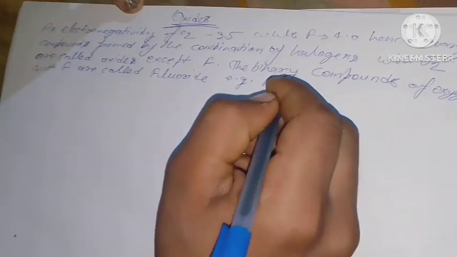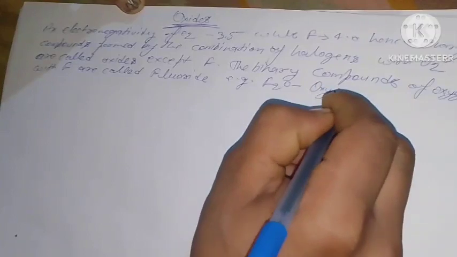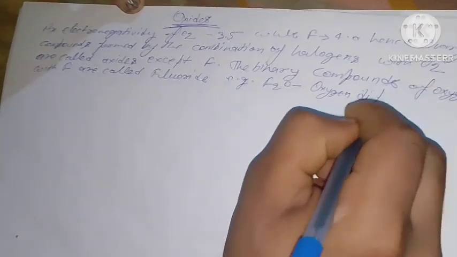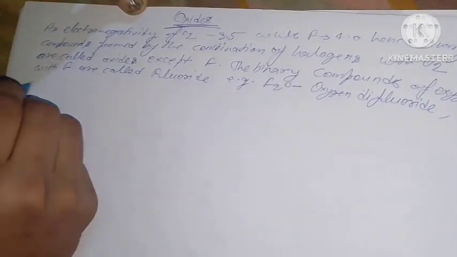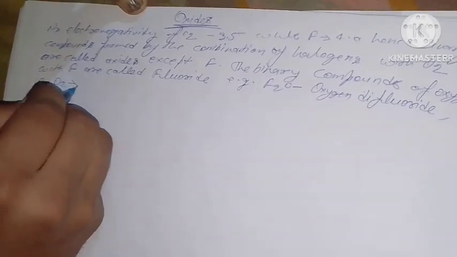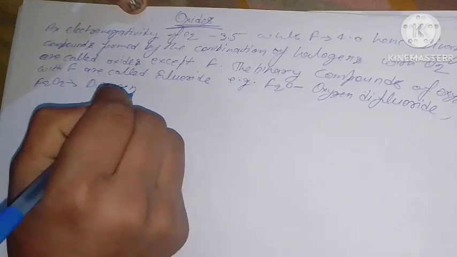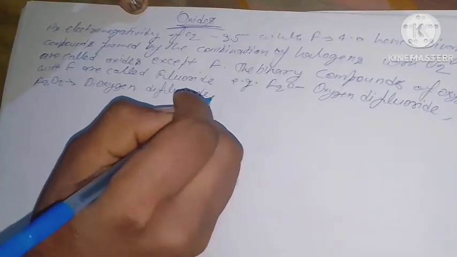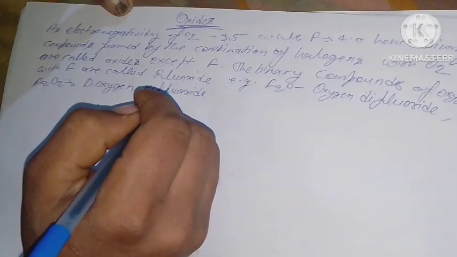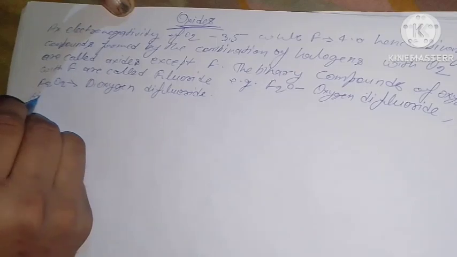Example: F2O, oxygen difluoride, F2O2, dioxygen difluoride, okay.